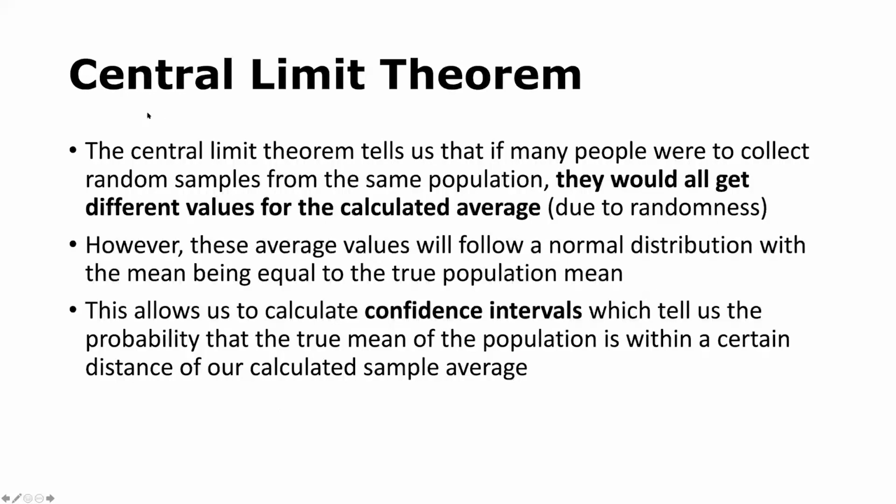So you probably have studied in your statistics class the central limit theorem. This tells us that if many people were to collect random samples from the same population, they will all get different values for the calculated average. So let's take our class here today. There's 14 of you signed on.